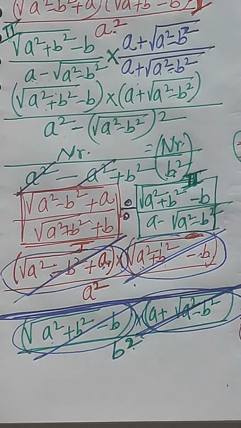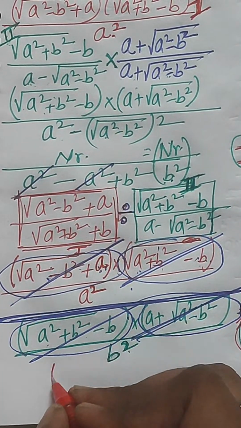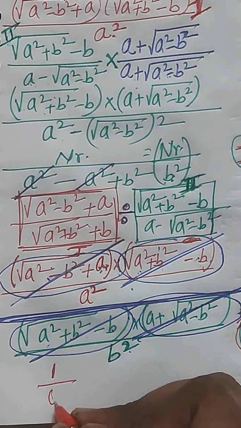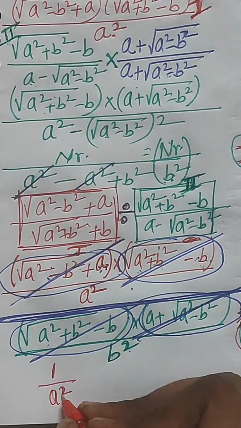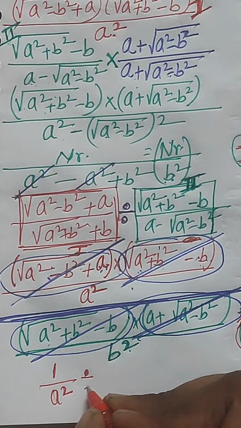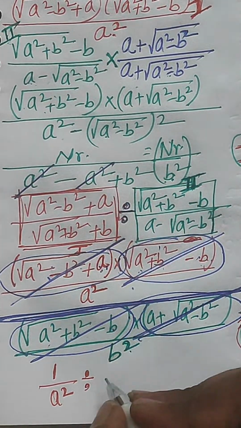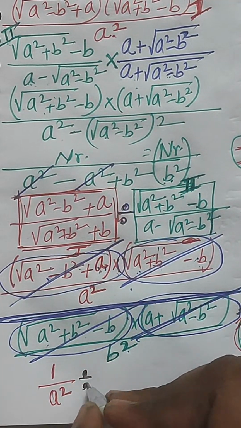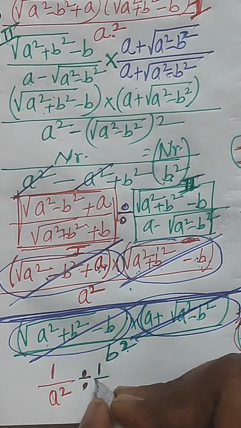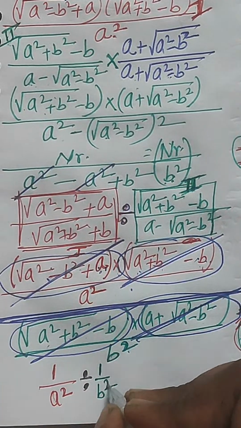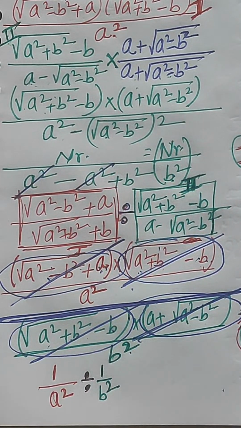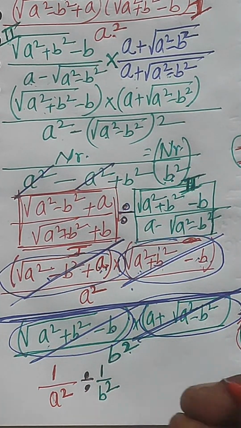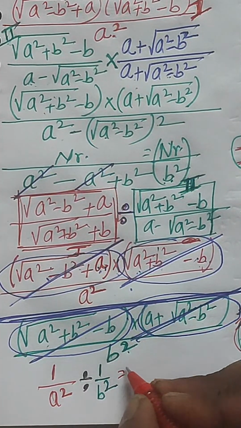So we are left with, into the numerator, 1 by a square divided by what? 1 by b square, isn't it?